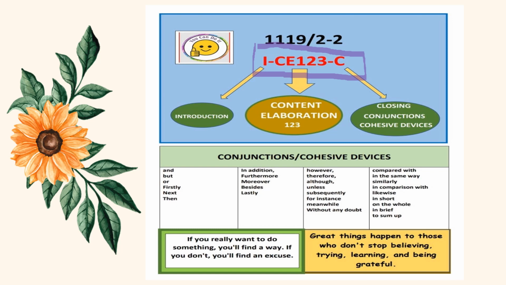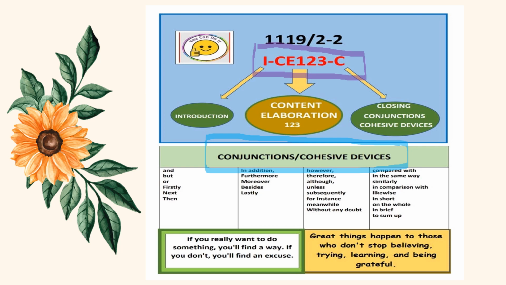If you notice, for all these ones, the conjunctions and the cohesive devices are similar to the ones that I have listed down in ICE 1, 2, 3, C. The reason for me to do that is that I want my students to get familiar with certain conjunctions and cohesive devices, since I'm teaching the middle class until the end class.